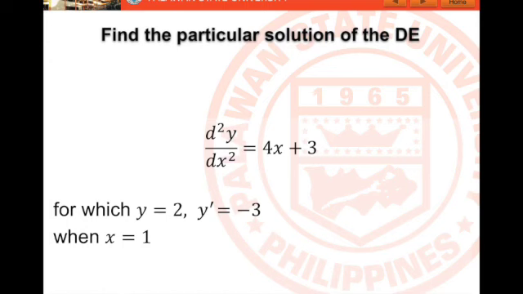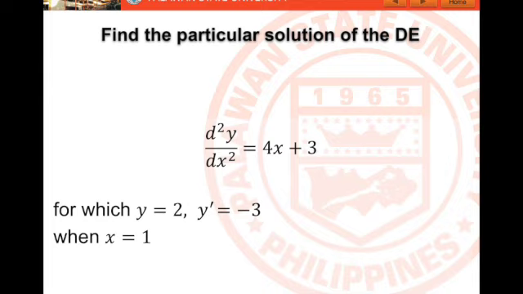Now we will find the particular solution of a DE with initial condition. So let's use the same example, but for now we have an initial condition where y is given as equal to 2, y prime is equal to negative 3 when the value of x is negative 1.